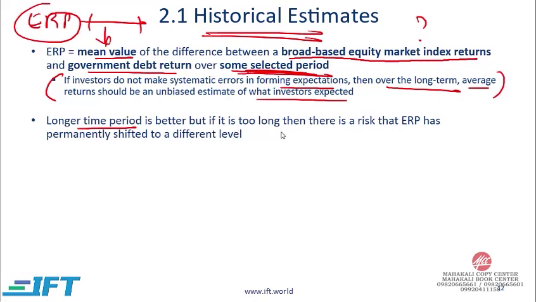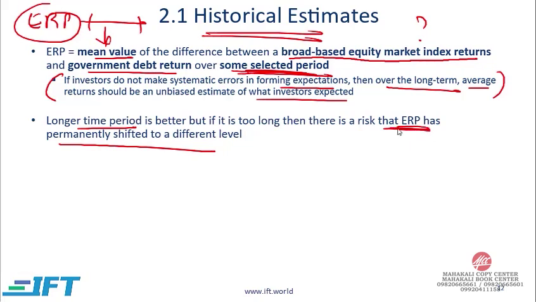But if the period is too long, then there is a risk that the equity risk premium has permanently shifted to a different level. Now, this issue is an issue which we talked about in quantitative methods. Do you remember the issue of non-stationary data? For this method to work, the data set needs to be stationary.